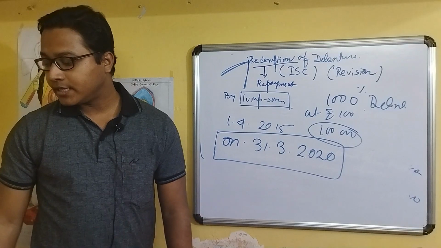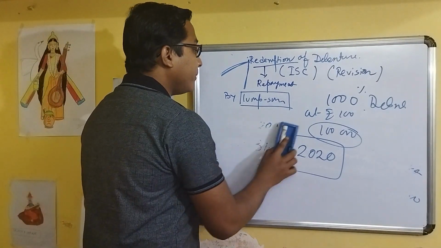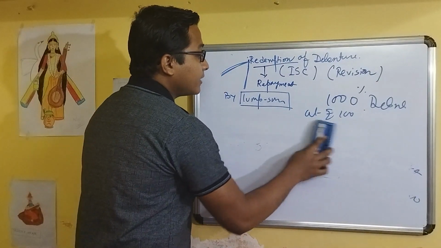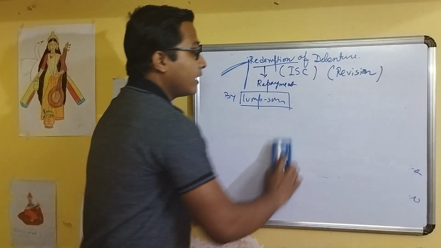Remember, in the Companies Act, before redemption begins we have to make some additional journal entries. What are these additional entries?